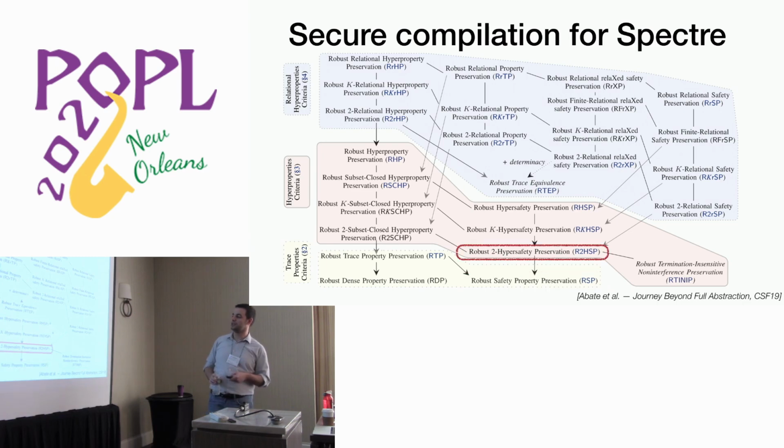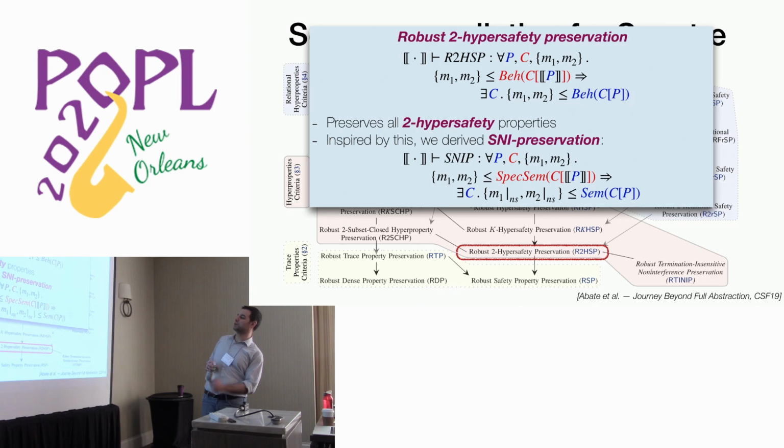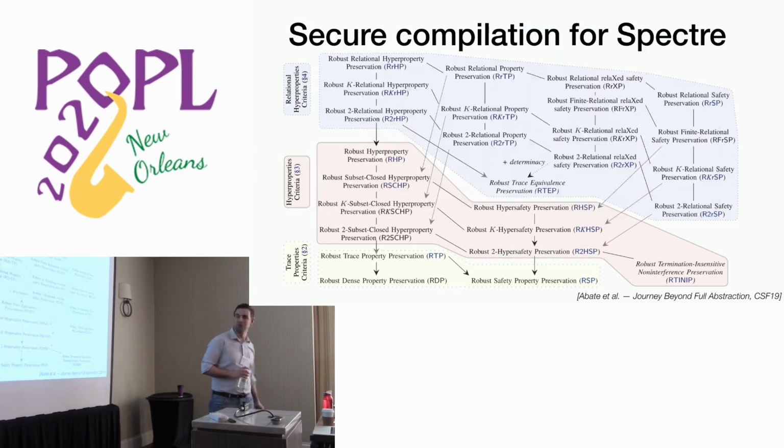The second idea is robust two-way per safety preservation, since speculative non-interference is two-way per safety, so a variant of this could probably work. I have some fancy things, but I would rather not go over them, and conclude here and take questions.